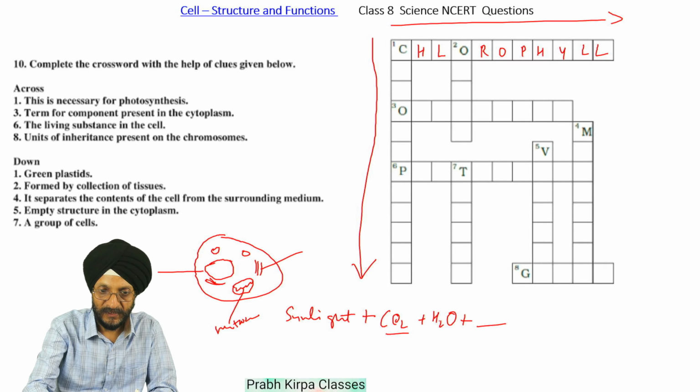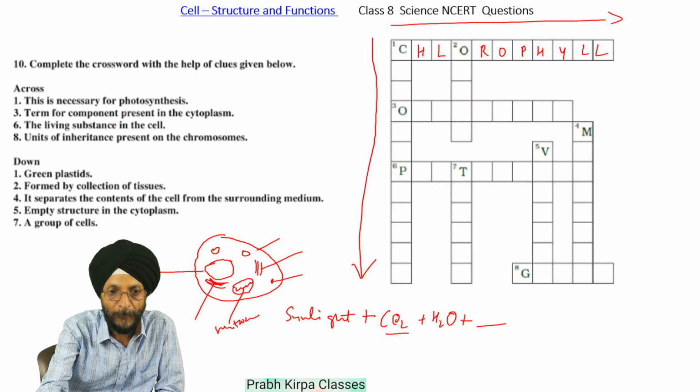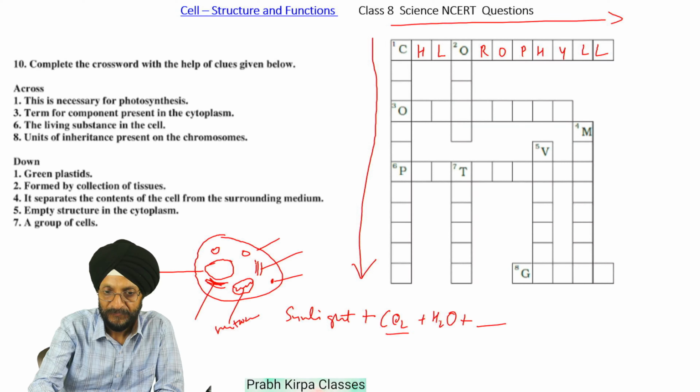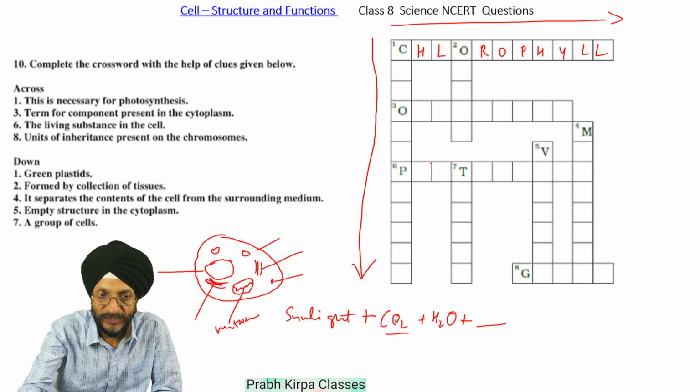Then there are endoplasmic reticulum. Then there are lysosomes, ribosomes. So the term component present in the cytoplasm. So all these structures, whether it is mitochondria, Golgi apparatus, endoplasmic reticulum, these are called organelles.